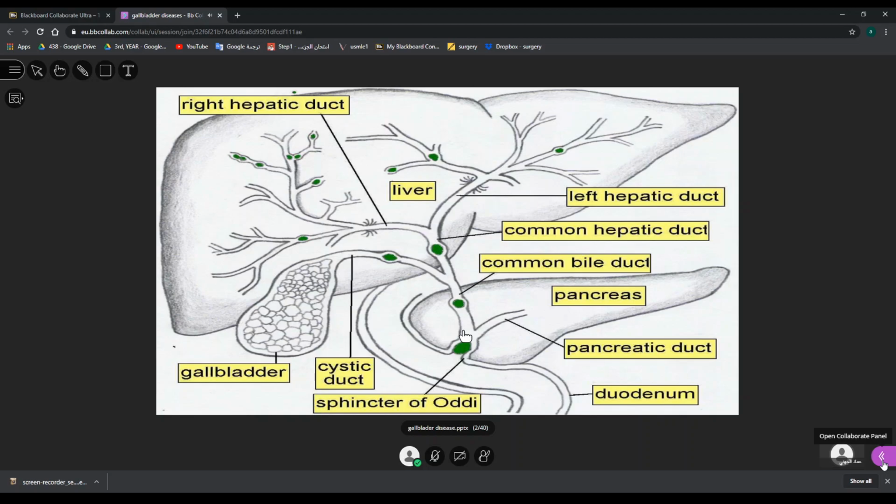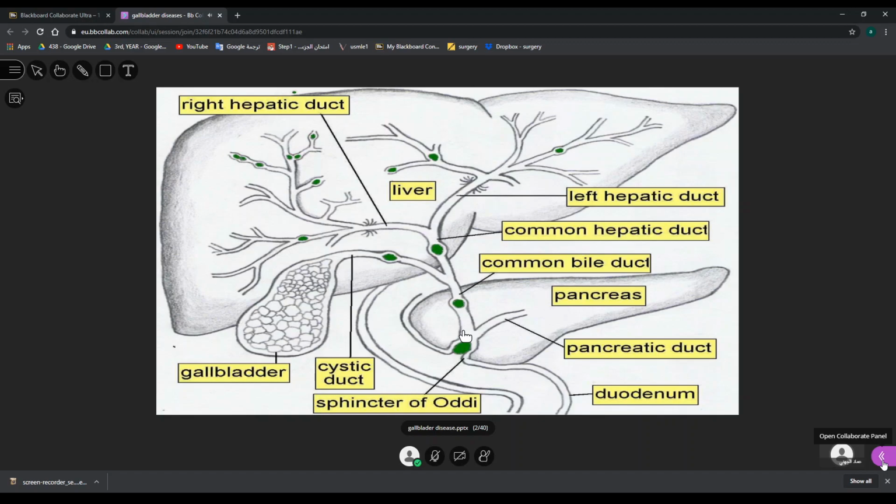If the patient has a cystic duct stone, it will not lead to obstruction unless it is short, and this is a small, very rare entity called Mirizzi syndrome, and we will understand it later on. So not all patients having gallstones have jaundice.